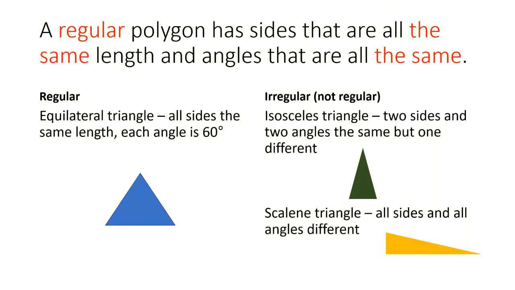Now, an isosceles triangle and a scalene triangle, they have some sides or some angles that are not the same as the others, so they are not regular. Now, for both an isosceles triangle and a scalene triangle, it is possible to have a right-angled triangle, but that is not true with an equilateral triangle, which each angle must be 60 degrees.